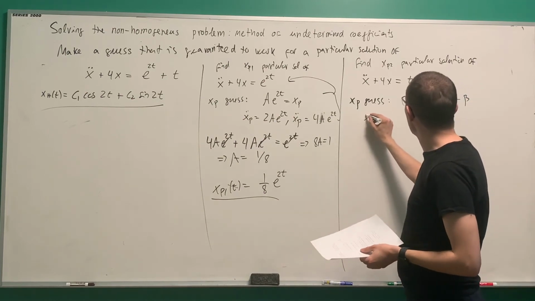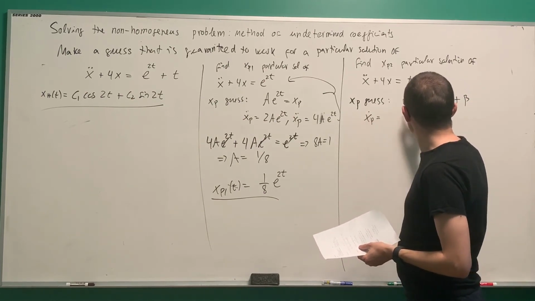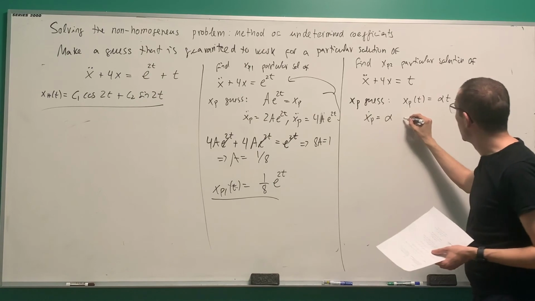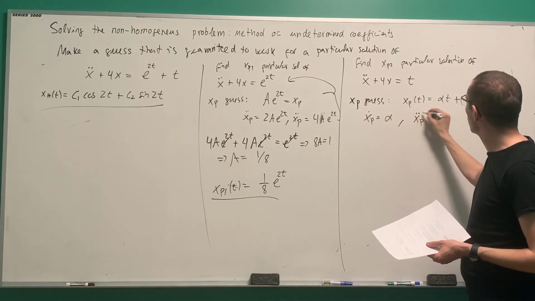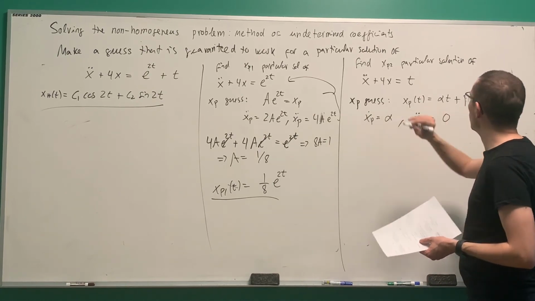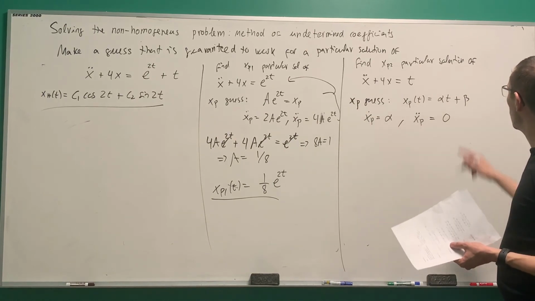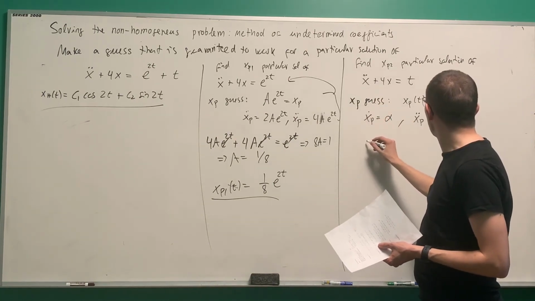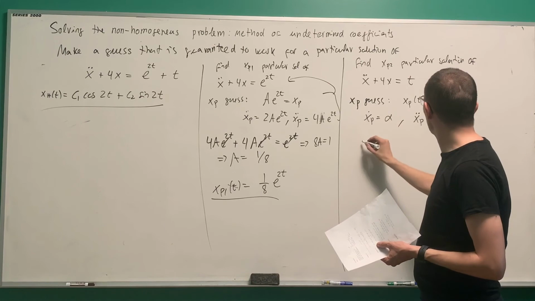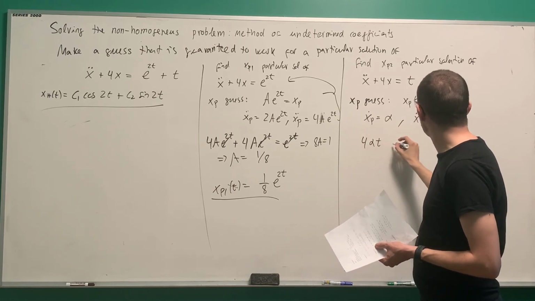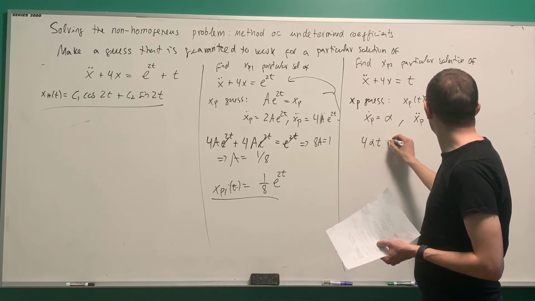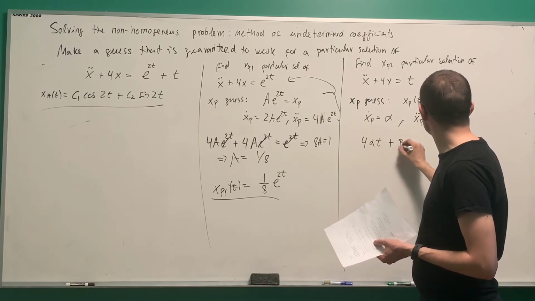All right, easy then. xp dot is equal to alpha, and xp dot dot is equal to 0. Wonderful. So what we get, if we substitute, is 0 plus 4 times alpha t plus beta.